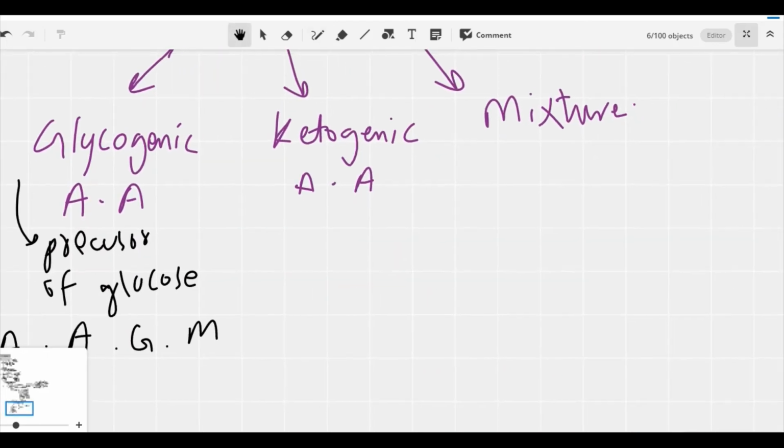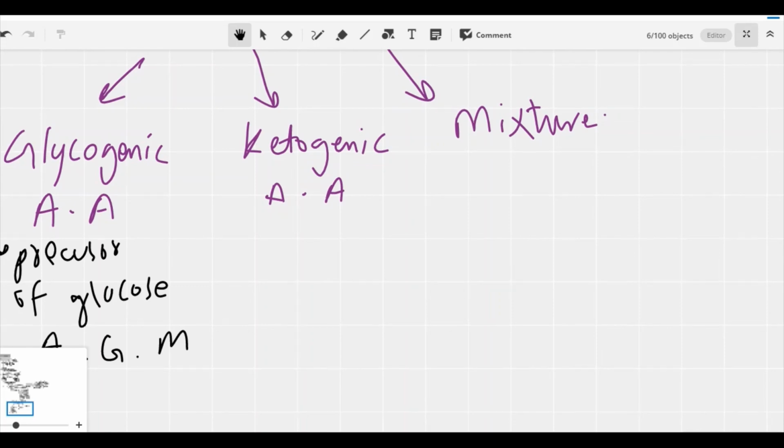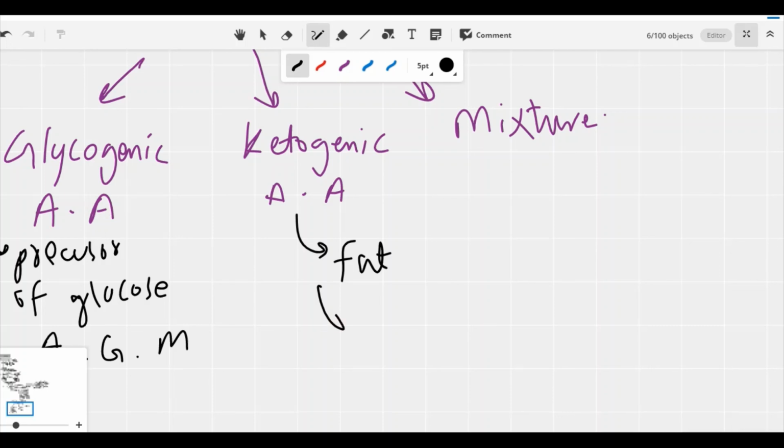And the next one, ketogenic amino acids are those from which fat can be synthesized, so they are the precursors of fats. The two amino acids, I am going to write the code word LL, meaning leucine and lysine, are categorized as ketogenic amino acids.